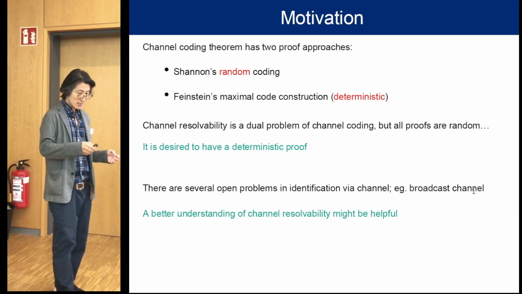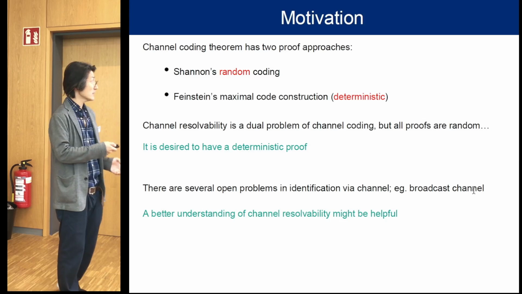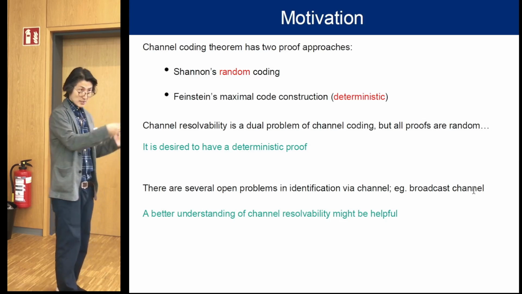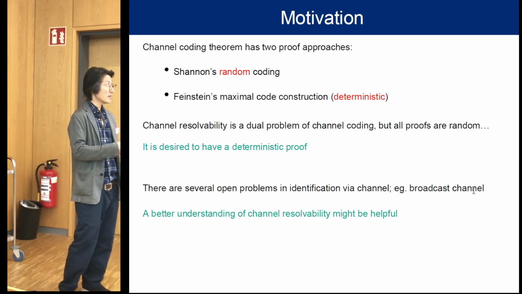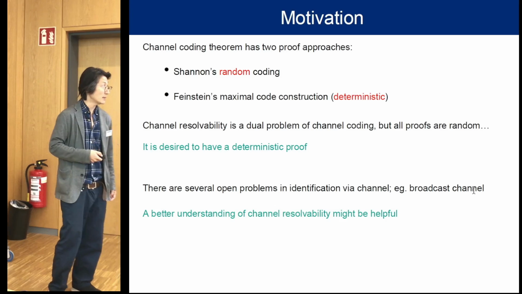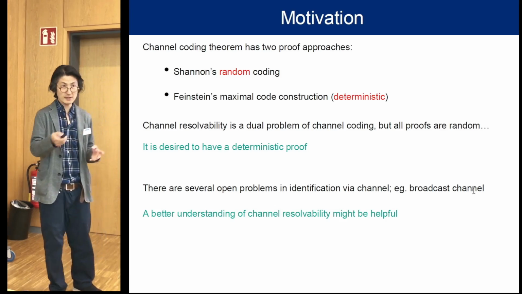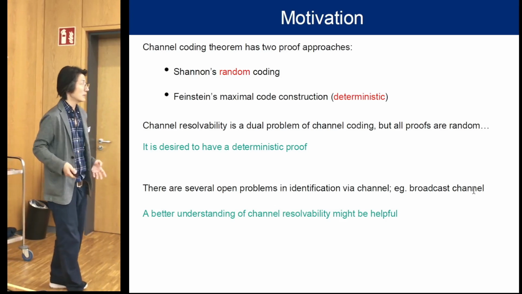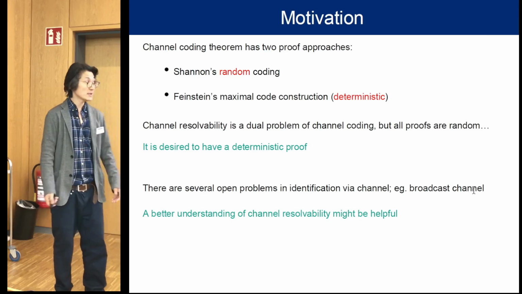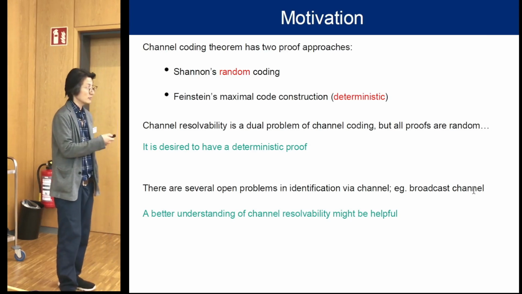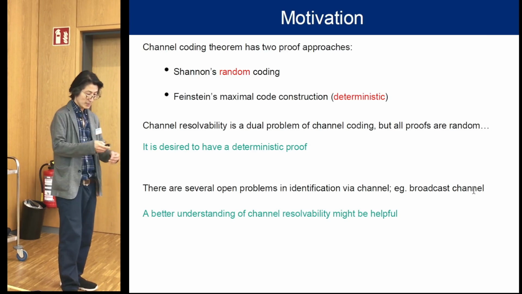Another motivation is identification. As I said, channel resolvability is a proof method for identification via channel, and there are several open problems, such as identification via broadcast channel. So a better understanding of channel resolvability might be helpful to tackle some open problems in identification.